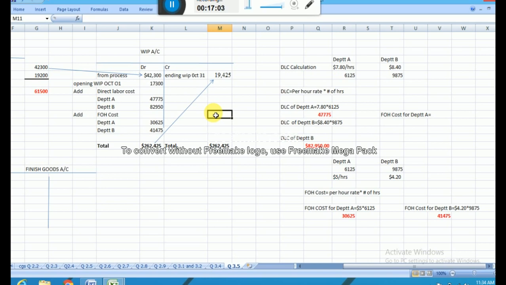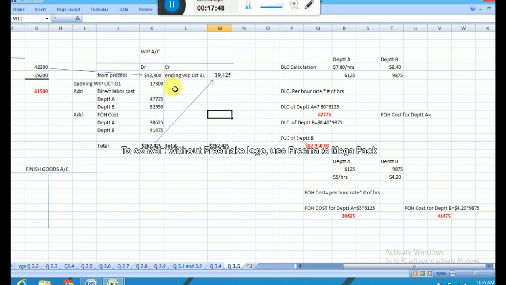So look at our total work in process in the month of October, that was 2,62,424. And in this total work in process, at the end of the month of October, we have 19,425 work in process. So the rest of the work in process was gone. It means that it was converted to finished goods. Clear?